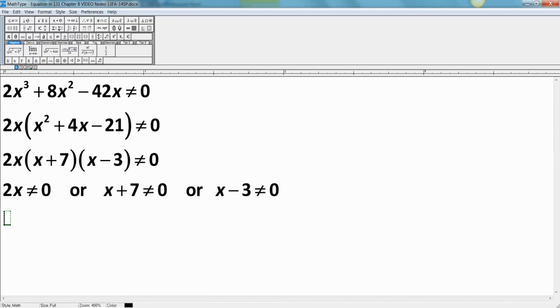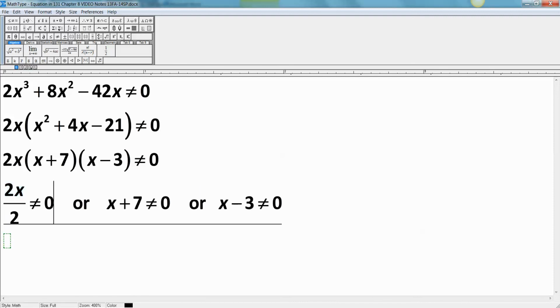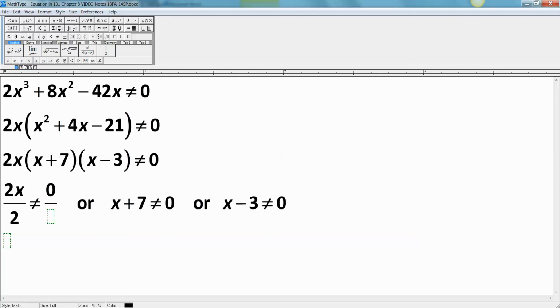And then you can solve each one of them. Well, this one's really easy to solve because if you have 2x is not 0, then you divide both sides by 2. And 0 over 2 means 0, so x cannot be 0. So there's one solution right there.